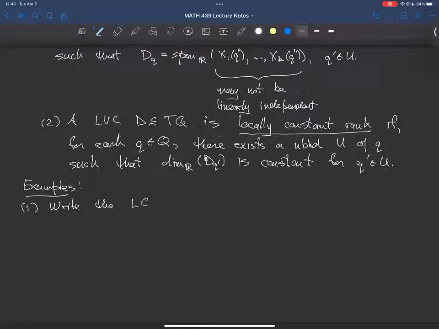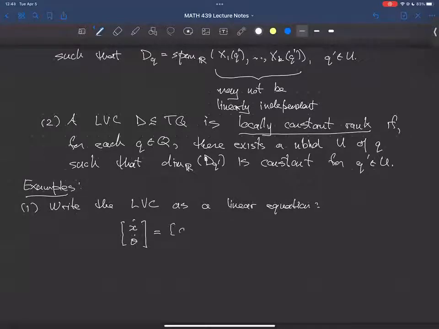In the first example, you're going to write it as a matrix equation in x dot and theta dot.